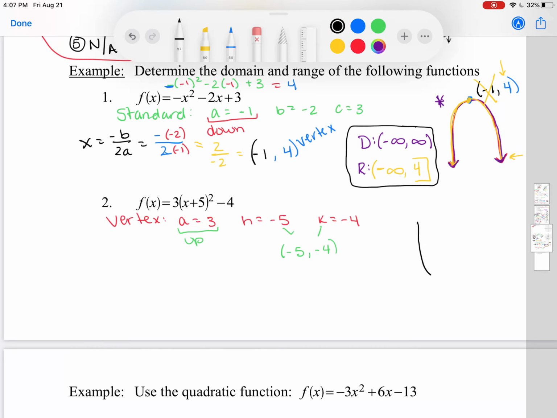So with that bit of information, I know that I have a function or a graph going up and that the vertex is at -5, comma, 4. So with this sketch here, go ahead, I'll give you a minute. Go ahead and see if you can find your domain and your range.